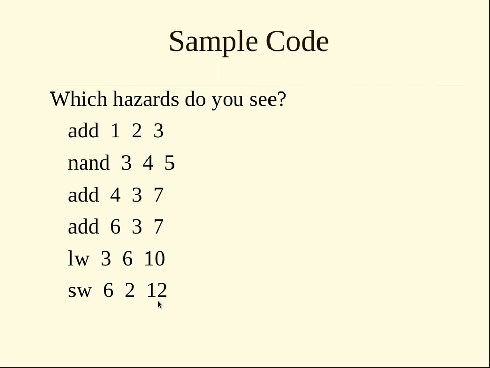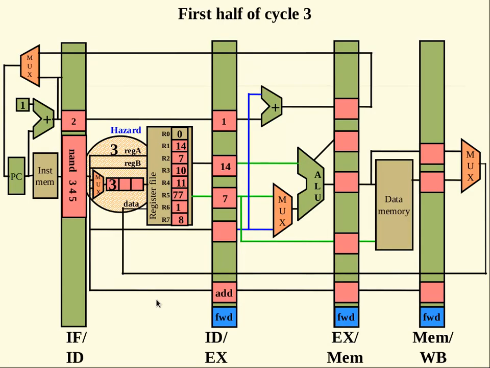So that should be fine? No, because for the store word you've got to get the value of 6 first, which you haven't yet because of the load. It's loading from 3 plus 10 into register 6. Oh, okay. So now you need to calculate the address of contents of 6, which is loaded in the previous one, plus 12.